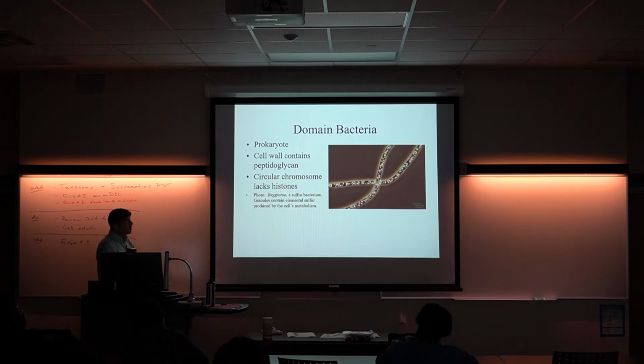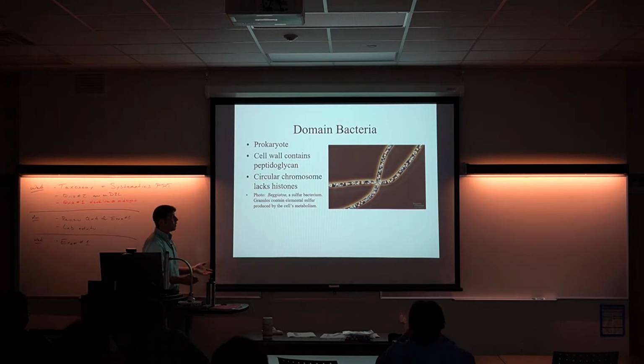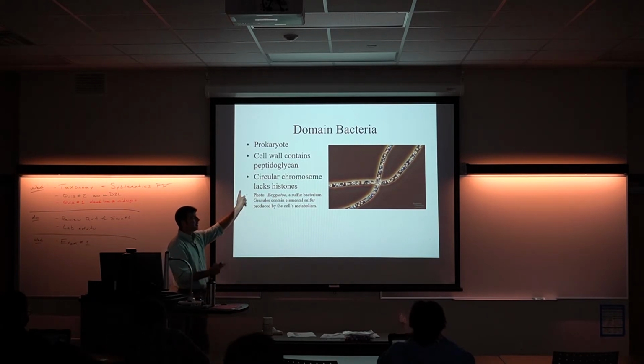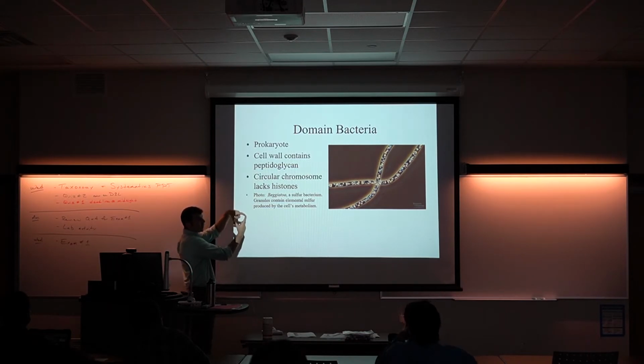I said I would mention some differences between the bacteria clade and the archaea clade. They're both made out of prokaryotic cells, so they don't have internal organelles. They both, like we said last semester in 1406, have their DNA in a circular loop, like a bracelet or a necklace. And we're going to see in the bacteria domain that circular loop of DNA lacks any kind of histone proteins to wrap around.